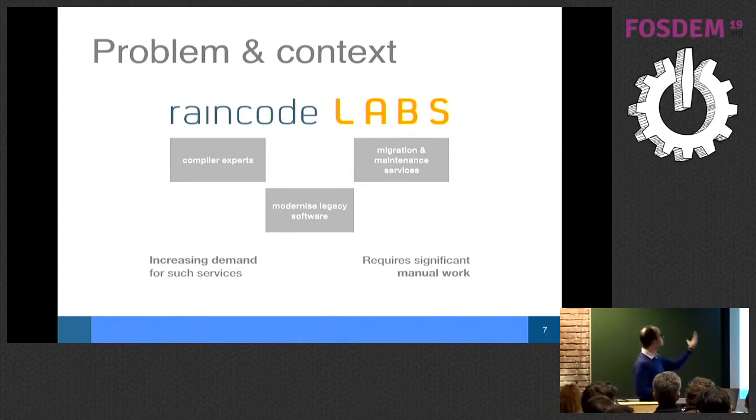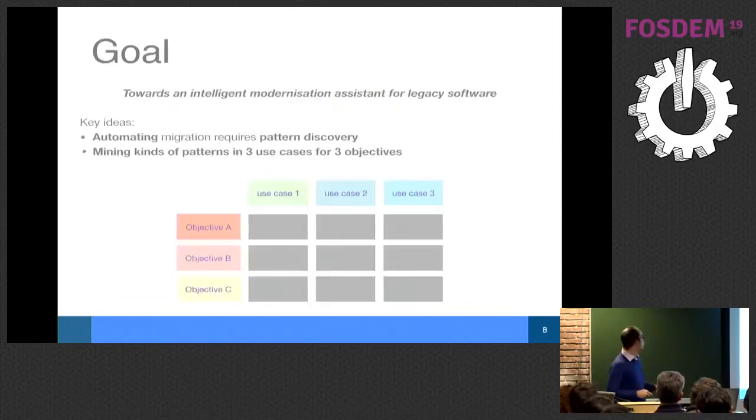So you have some code, you try to understand how this code really works, and we are talking about COBOL or something that is stranger than COBOL, and then you have to modernize this code to something that you can run on Azure or on your cloud or something like this. I'm talking about Azure because Raincoat works with Microsoft.